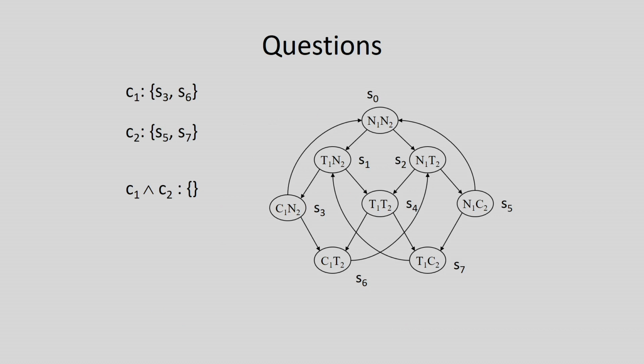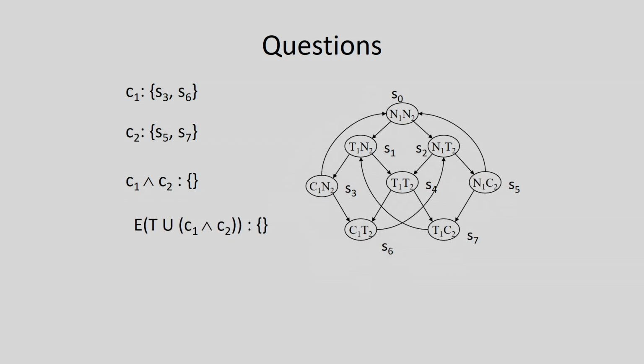Now, what are the states where C1 and C2 are true? This is nothing but the intersection of these two sets, and ultimately I am getting the null set, phi. So, there is no state where C1 and C2 is true. Next, we have to see where E true until C1 and C2.